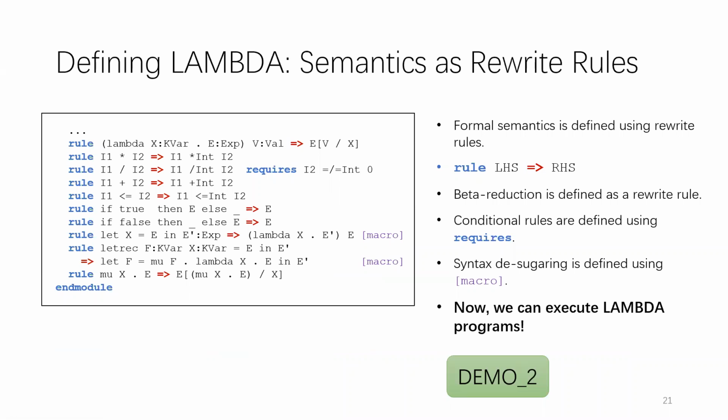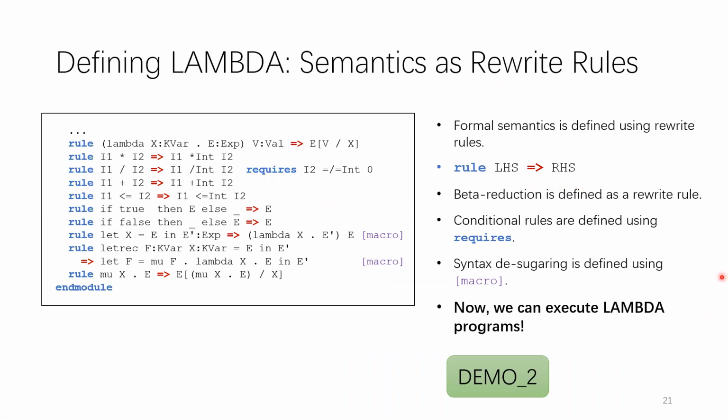In K, formal semantics is defined using rewrite rules. A rewrite rule has the form left-hand side rewrites to right-hand side, and it has a natural expected meaning. If the current program configuration matches the left-hand side of a rule, that rule can be applied, and K will rewrite the matched part into the right-hand side.